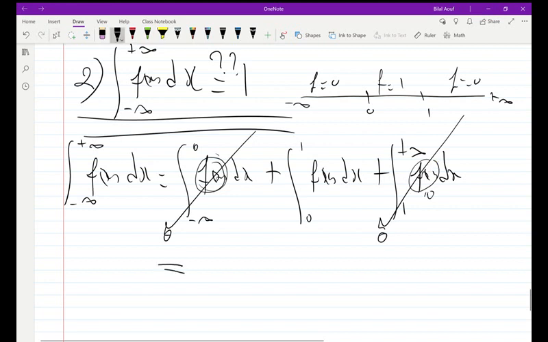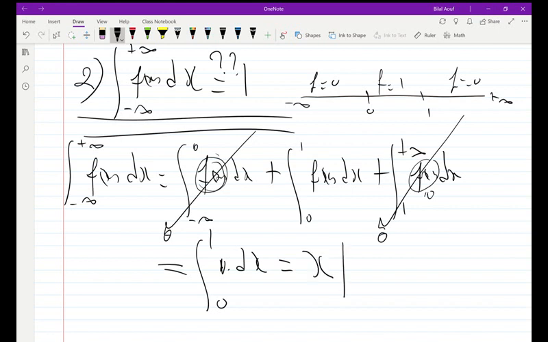Now it's the integral from 0 to 1 of 1 times dx. The integral of 1 is x, between 0 and 1: I replace x by 1, minus, then I replace x by 0, so it's 1 minus 0, equal to 1. That's true, so now I verified the second condition.